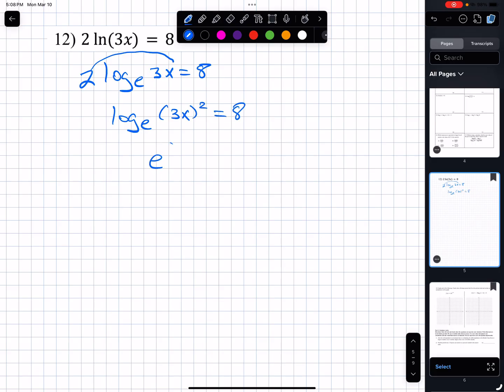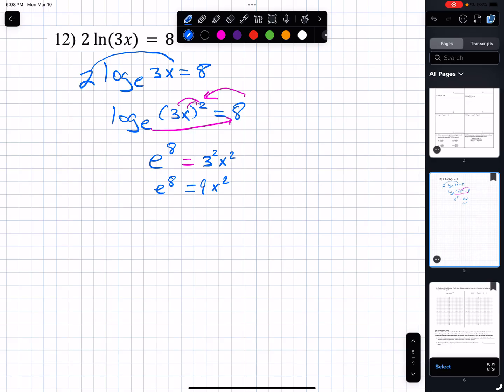So this is e to the 8th power, because we always go across the equal sign. I'm going to distribute that 2 in. So e to the 8th equals 3 squared x squared, so 9x squared.